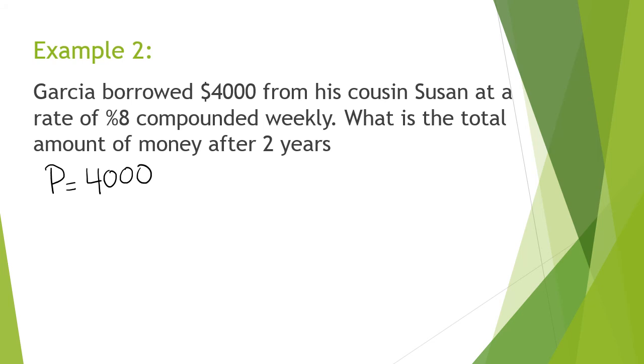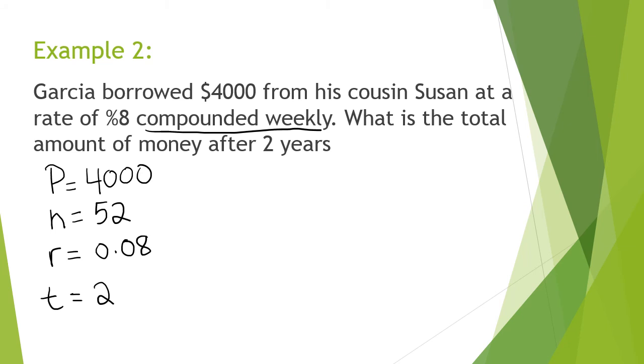I know that the money is compounded weekly. That means N is equal to 52 weeks. The rate, which is the interest, is going to be 8 divided by 100, which is 0.08. And T, the number of years for which I am investing this money, is 2 years.